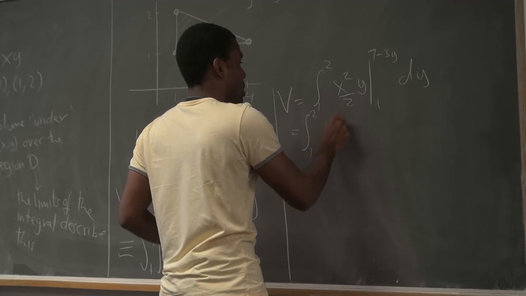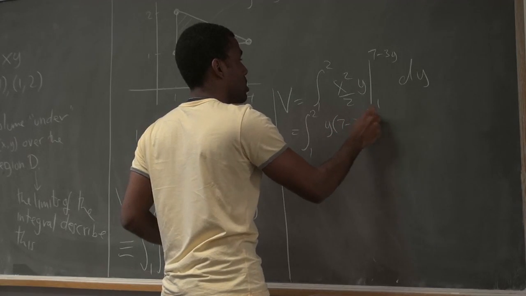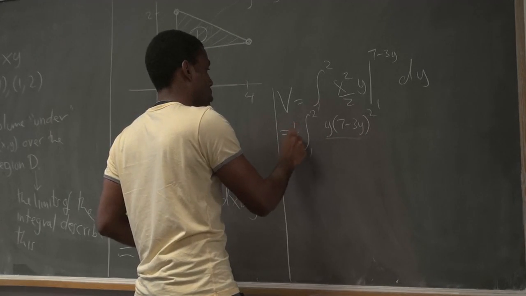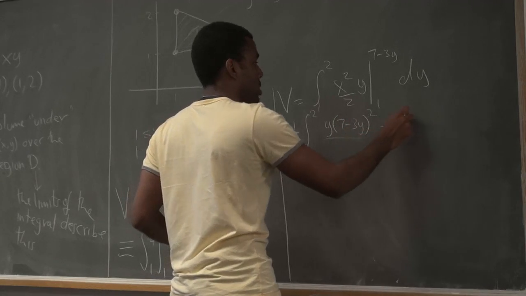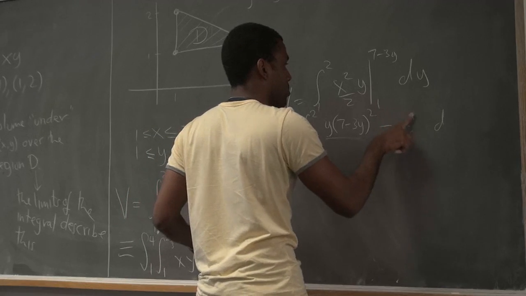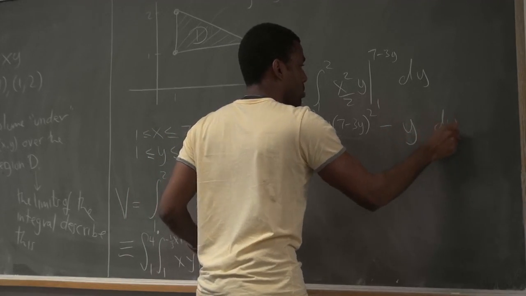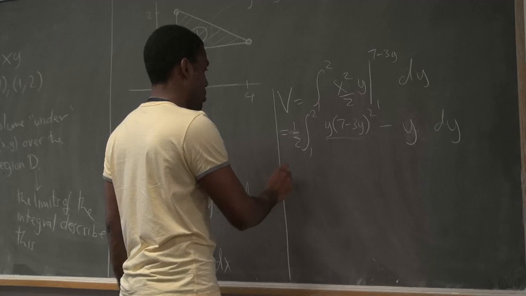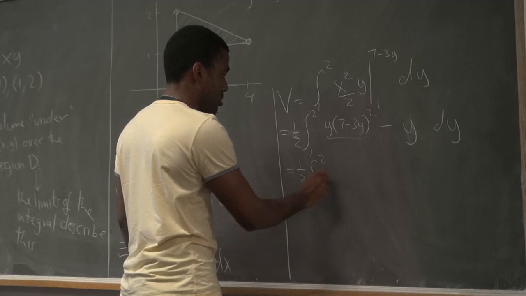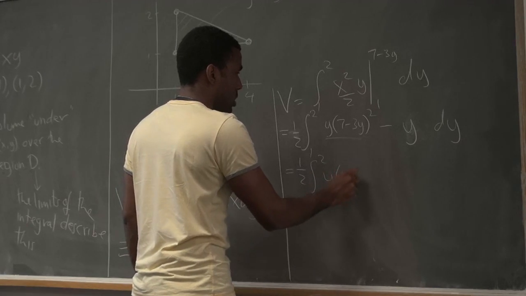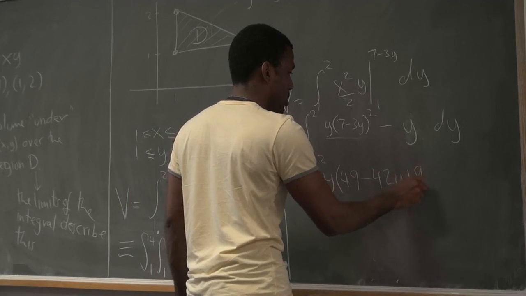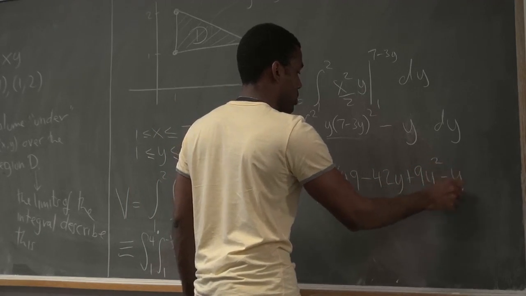This is y times (7 minus 3y) squared over 2, minus, I plug in 1 for the x, so this is just y over 2, y, because I took out the half. And the rest of this is just a single variable integral now. It's just a matter of expanding: this is 49, 3 times 7 is 21, times 2. So 2y plus 9 squared minus y.